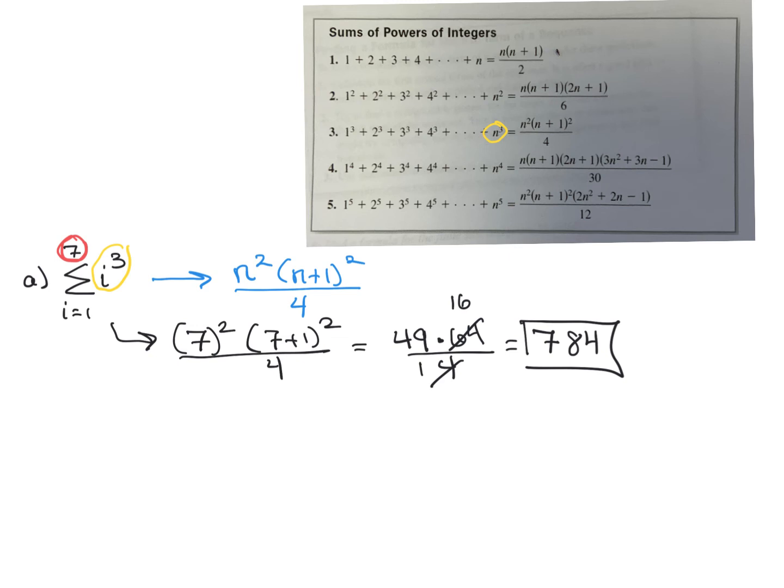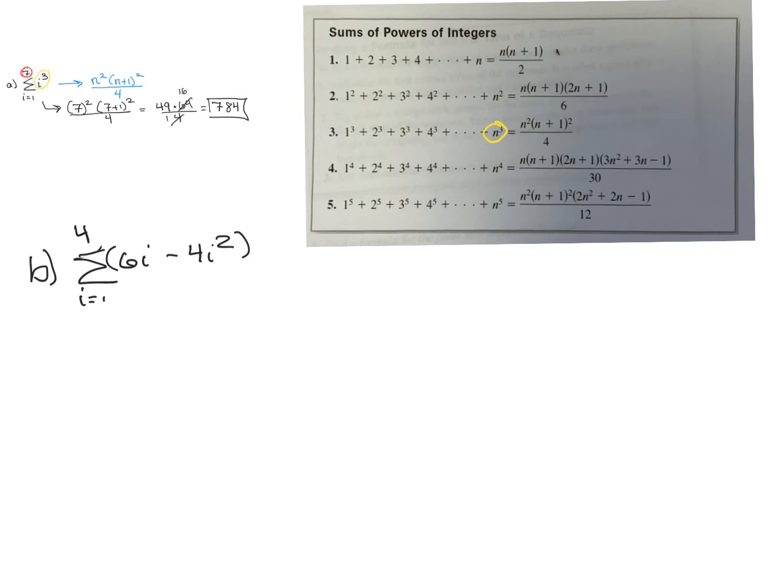Let's try another one. Letter B, a little bit trickier. It says I want a sum from i equals 1 to 6 of 6i minus 4i squared. Oh, one more mistake. Doesn't go to the 6th. This one only goes to the 4th.